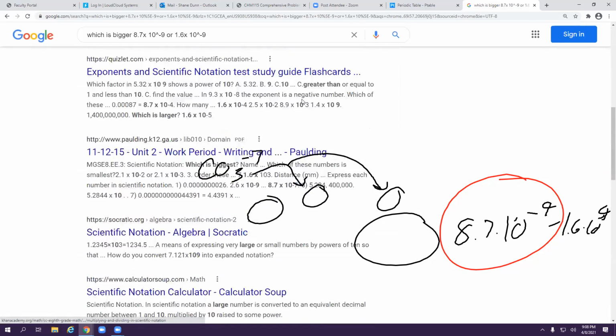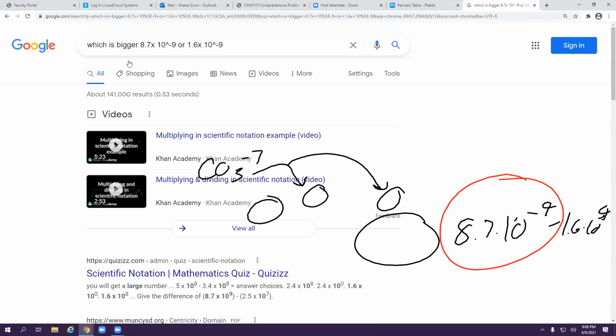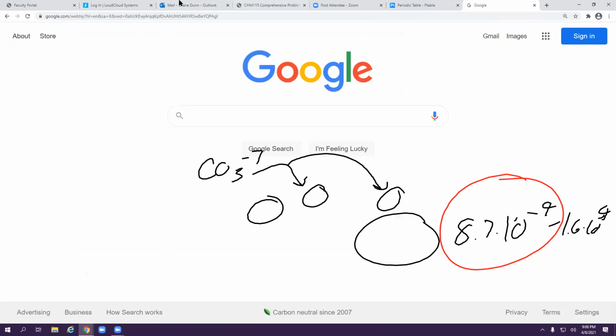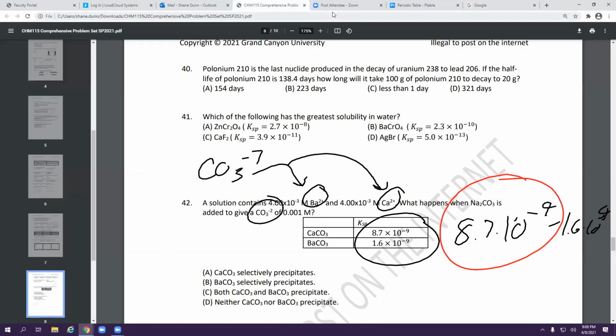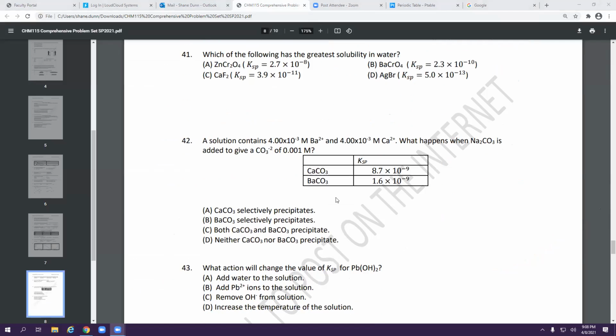Google, you lied to me. Just tell me which one's bigger. Use my method, it works. Okay, then prove me wrong later on. For now, we're going to go with my method. I'm not saying you're wrong.